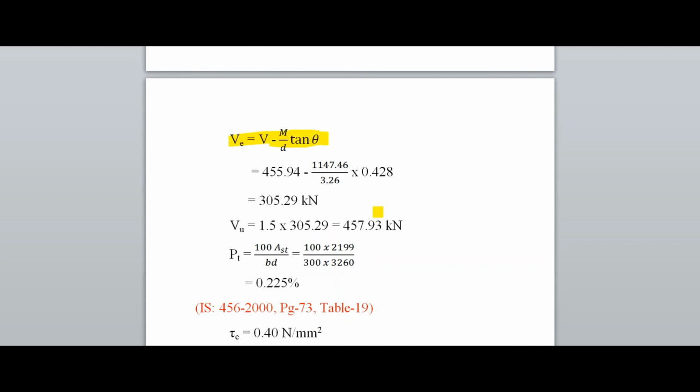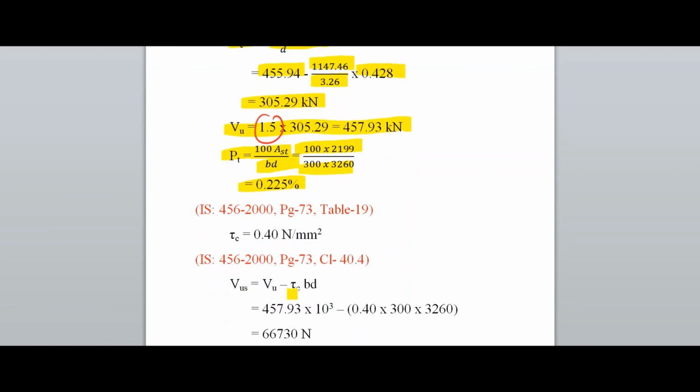V is 455.94, the moment we found is 1147.46, and the depth is 3.26, tan theta is 0.428. So Vu is 457.59. It's a factored shear force. Then after pt we calculate 100 Ast divided by bd, so 0.225. So using IS 456 page number 73 table number 19 we can find tau c.